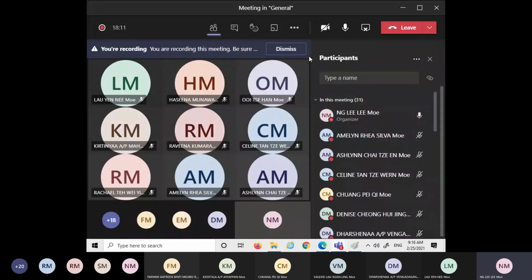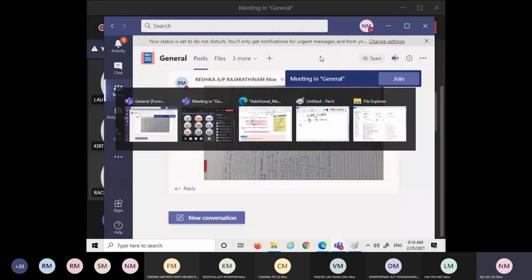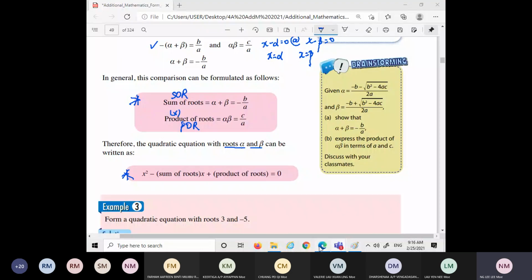So far okay? No questions? So for this part, alpha times beta is c over a. I know the answer already, so afterwards I should get c over a. If I didn't get c over a, it means something is already wrong.